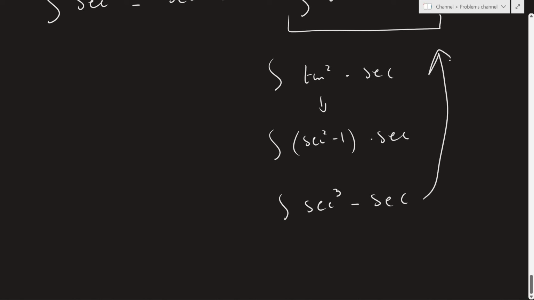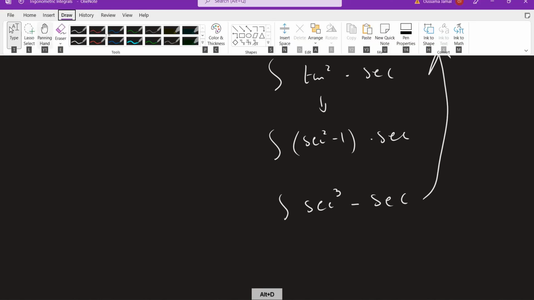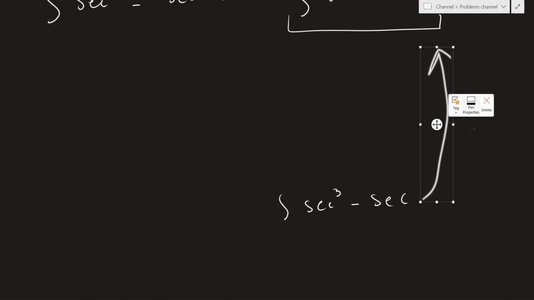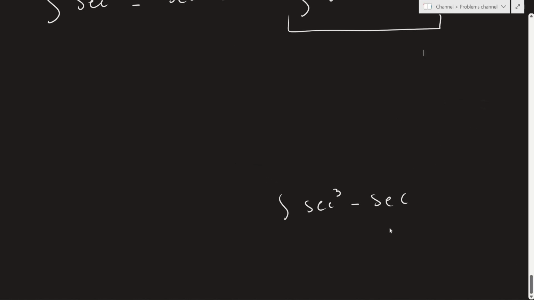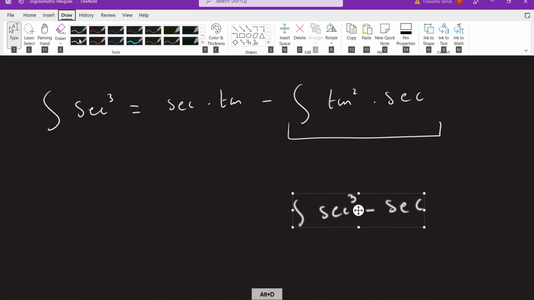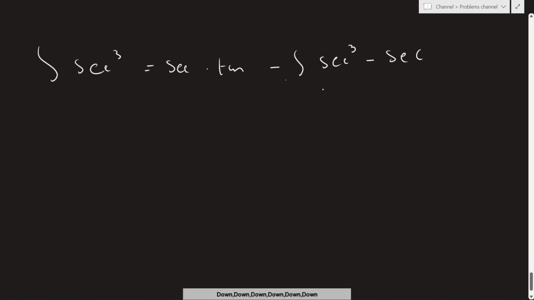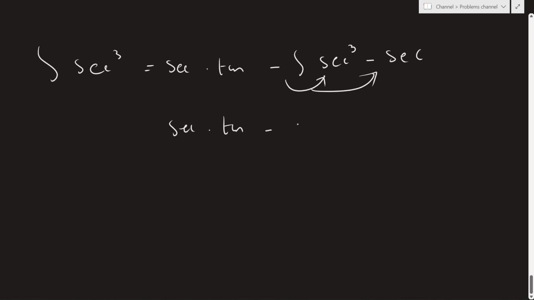Now take this back and replace it back here. So we're going to take this right here and let's rewrite the equation. Secant cubed. Okay. Now we can distribute this negative to both. So secant times tan minus secant cubed plus integration of secant.